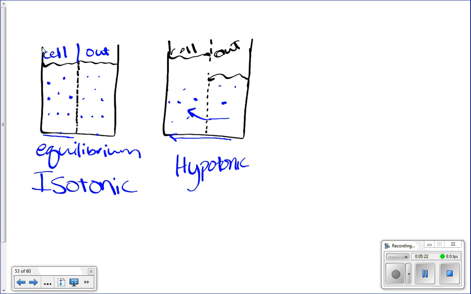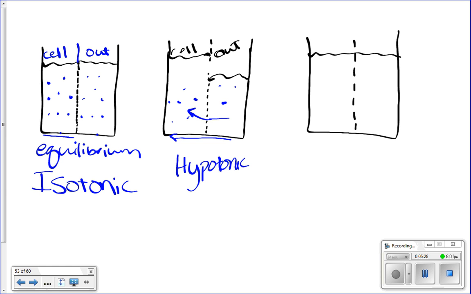Let's look at one other thing that can happen. So if we have, again, our beaker, our semi-permeable membrane, our water, and again, our salt molecules. Let's put lots of salt outside of the cell. And again, this is inside of the cell, this is outside in the surrounding seawater.